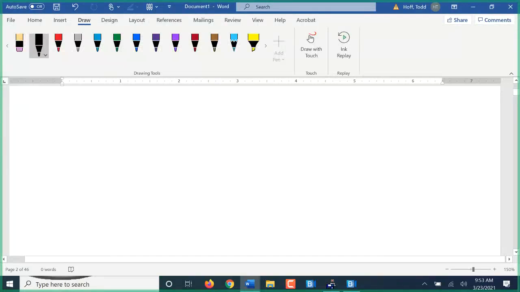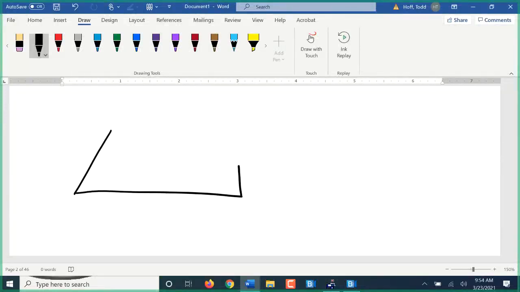Okay, so I want to look at some more applications here. I want to tell you that's a 90-degree angle there. This is 73 degrees.